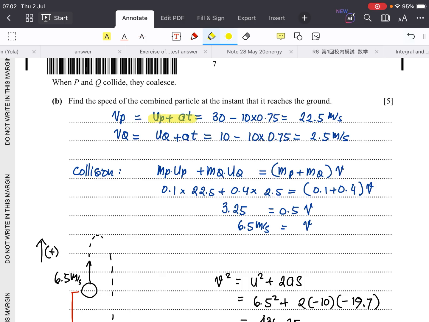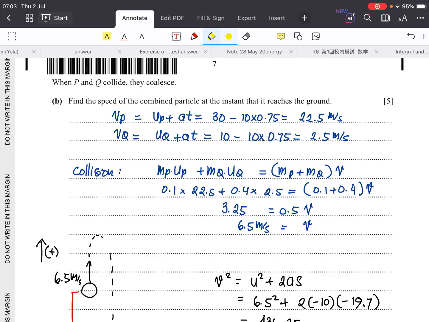We are using V is equal to U plus AT. So after 0.75 seconds, P moves with speed 22 meters per second, while Q moves with speed 2.5 meters per second.